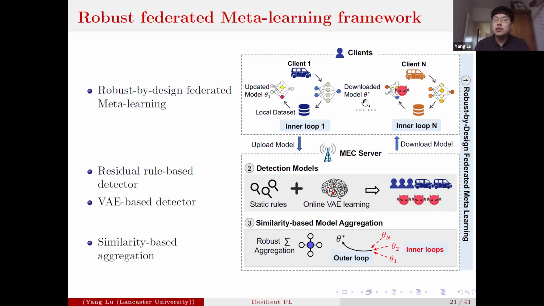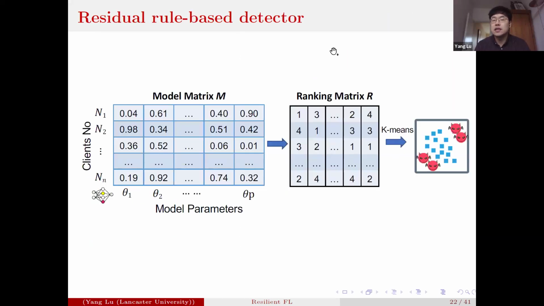So we have introduced the first part. We will start with introducing these 2 detectors in the second part. The first one is the residual rule-based detector. To build this detector, the users will upload their local models to a central server, and the central server will put all the local models into such a model matrix.